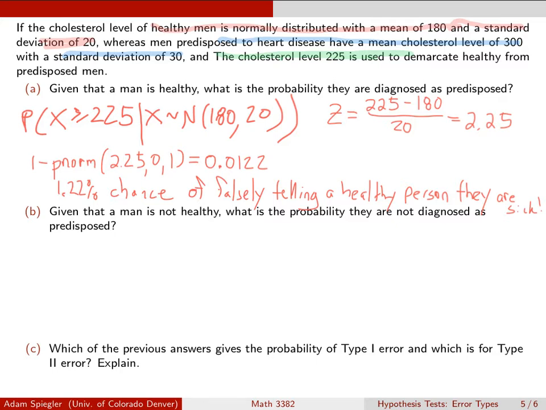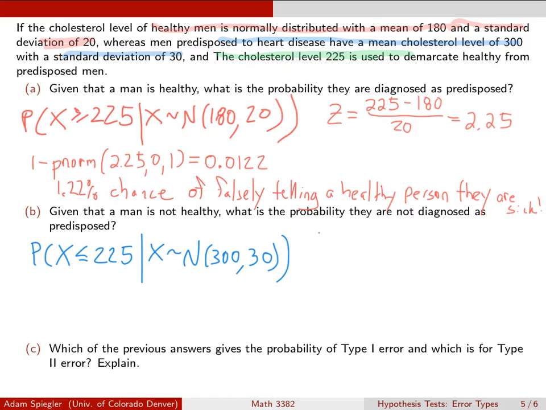Here we're calculating the probability that X is less than or equal to 225, given that this person is coming from a normally distributed population with a mean of 300 and a standard deviation of 30.